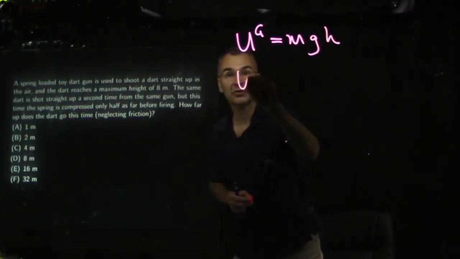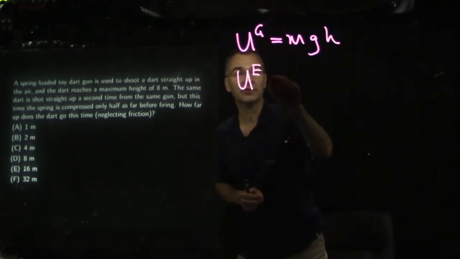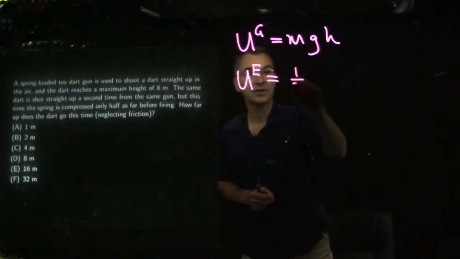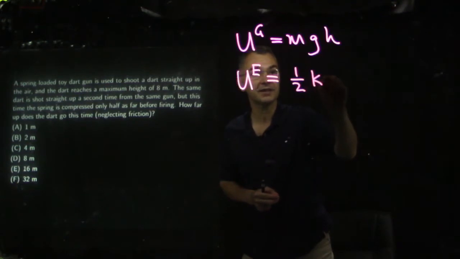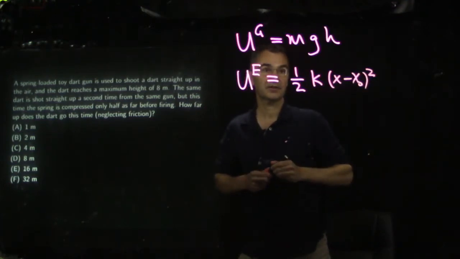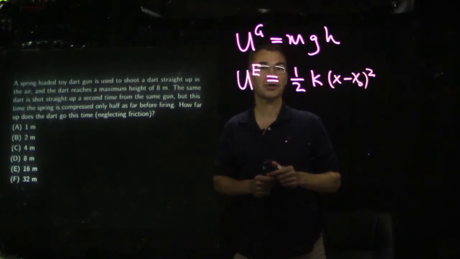And now we're going to learn that the potential energy stored in a spring, I could call that S for spring, I might call it E for elastic. So we have a kind of elastic potential energy. And this turns out to be 1/2 k (x minus x relaxed) squared. So it's proportional to the square of how far you compress the spring.